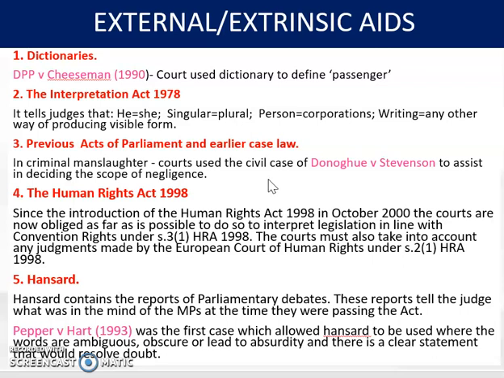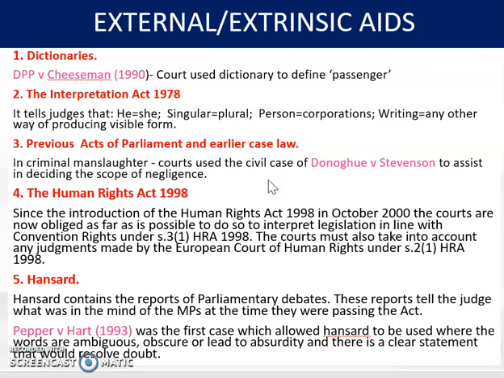We also have the Human Rights Act. So the Human Rights Act was introduced in 1998, and it was in order to bring our legislation in line with the European Convention on Human Rights. And judges, we know this from looking at parliamentary lawmaking, I suppose we looked at it as a limit on sovereignty, because judges have to interpret any of our domestic legislation in accordance with the European Convention on Human Rights.